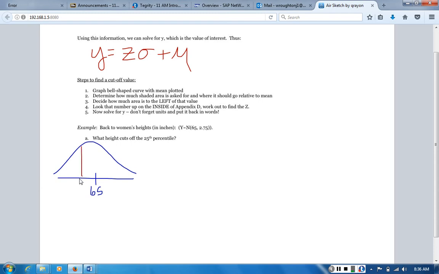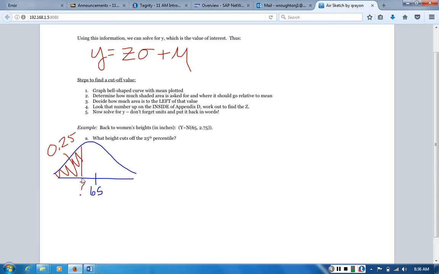So that much I know. So I want this to be 25%. Again, my goal is to find that height. So I already know that my z should be negative because I'm going to be below 65, knowing that from my picture. So I already know which side of the table I'm going to be going to as well.